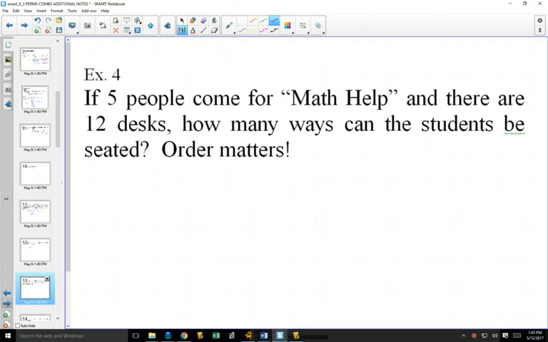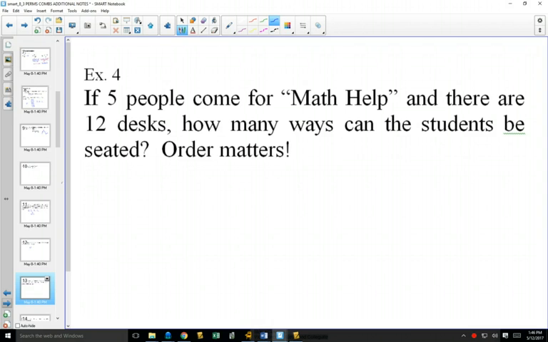So what's hard about this question is that when students want to make spaces for their decisions, they want to make 12 spaces, because you're used to putting students into desks, not desks into students.